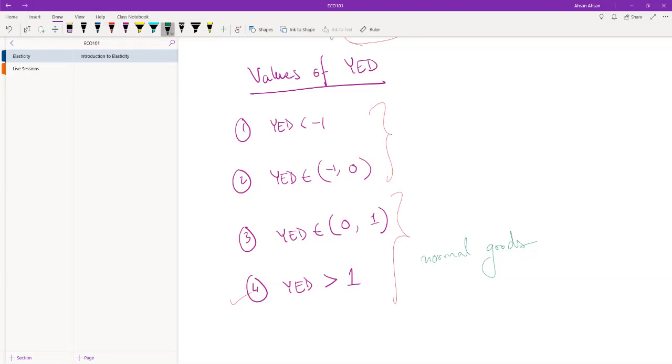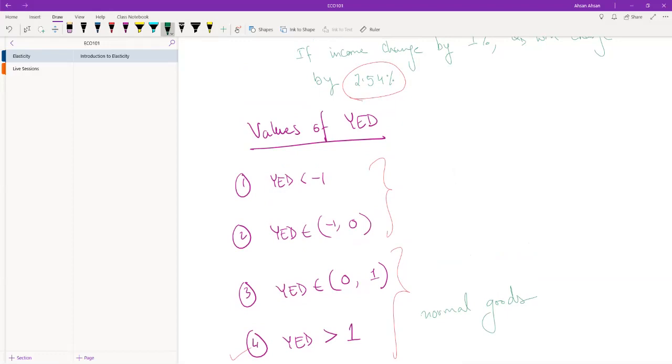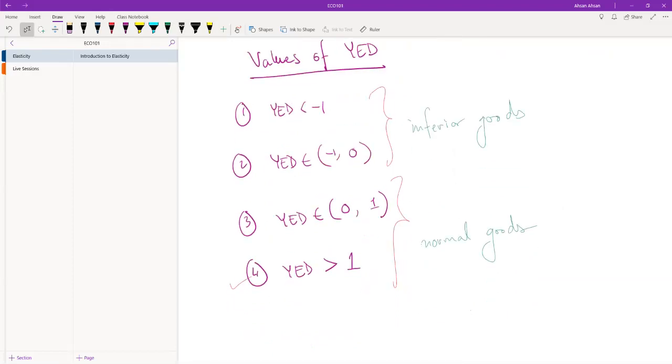Over here, we have inferior goods. So if YED is positive, so these are all positives, this too, it's a normal good. If YED is negative, we have inferior goods.